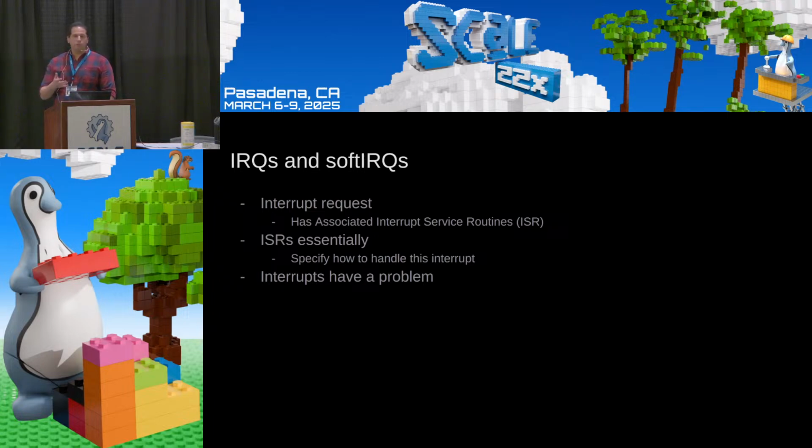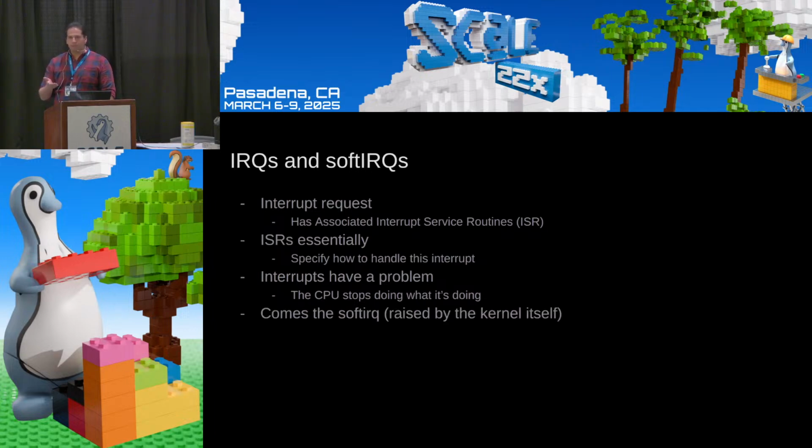So we want to minimize the amount of time taken by IRQ processing, which is the ISR, in the kernel. The CPU basically stops what it's doing to serve this particular IRQ, and we can't do that for every packet that comes in. And this is where the soft IRQ comes in. Soft IRQs are basically interrupts generated by the kernel itself.